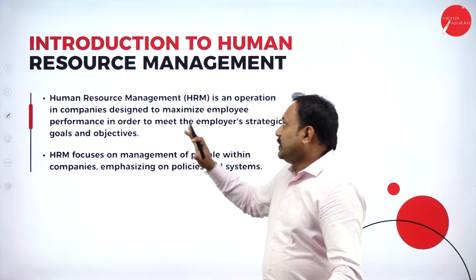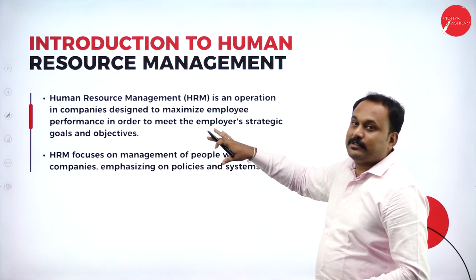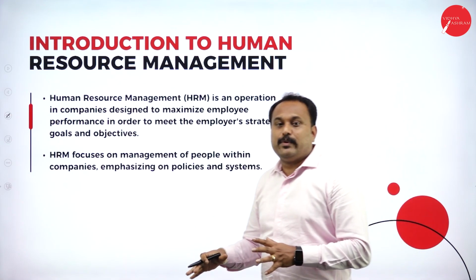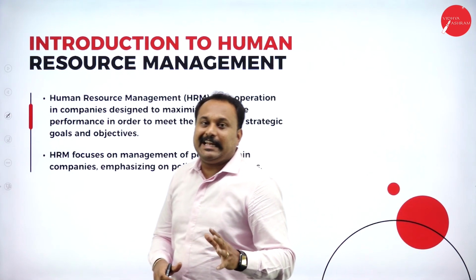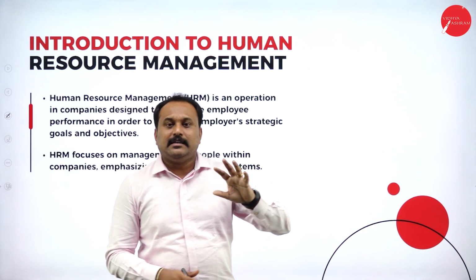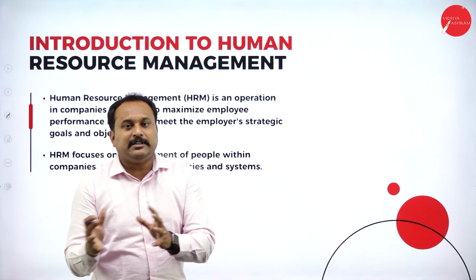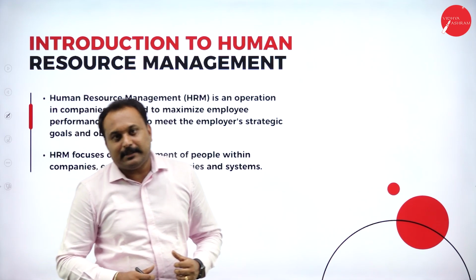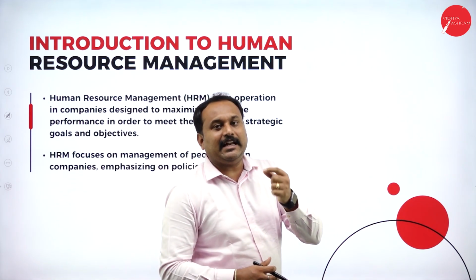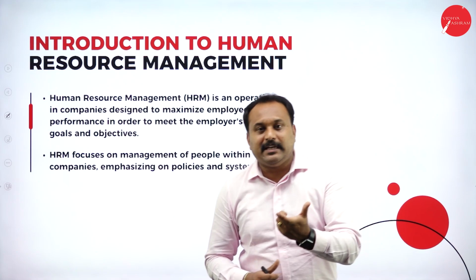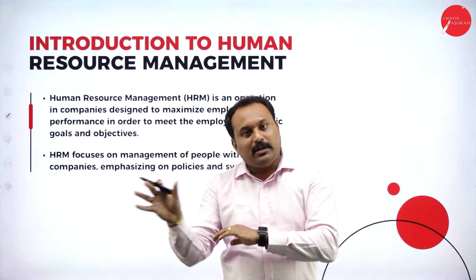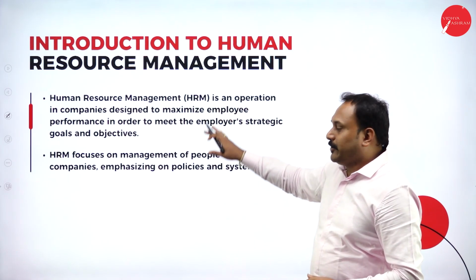So here, for the first unit, introduction to human resource management, I told you what all we're going to go with. We're going to go with the nature, need, importance, and the difference between personnel management and human resource management. The word personnel means staff. Personnel means what? Staff. So that is what we're going to go with.